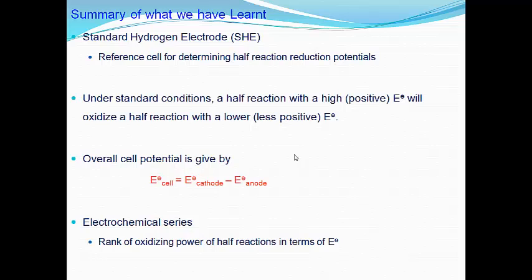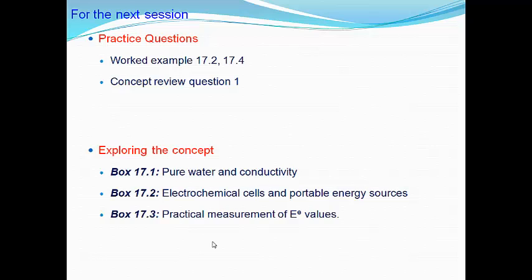The E0 values are used to calculate the cell potential, which allows us to determine the likelihood for a reaction to occur. The electrochemical series also allows us to determine the likelihood of a particular reaction through the ranking of the oxidizing power or reduction power of half reactions in terms of their E0 values.